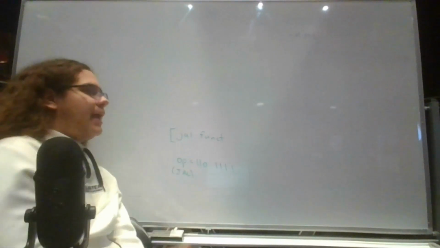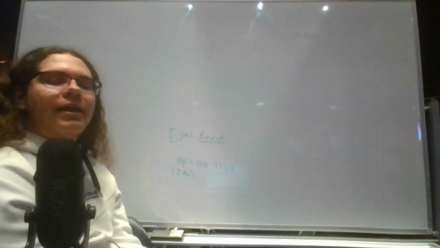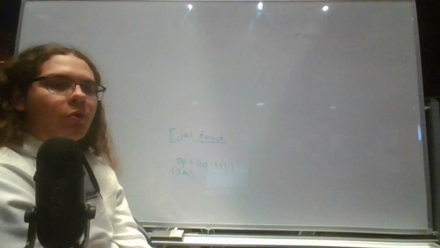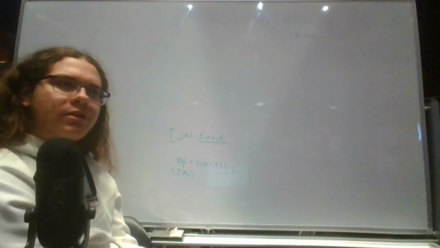When you do jump and link, there are 2 parts. It jumps to this label, and it links, or remembers where it's going to return to. And that's stored in a register. Which register holds that value which it's going to return to?